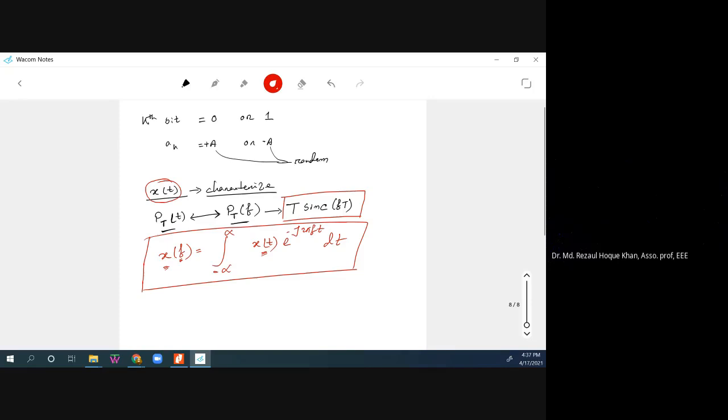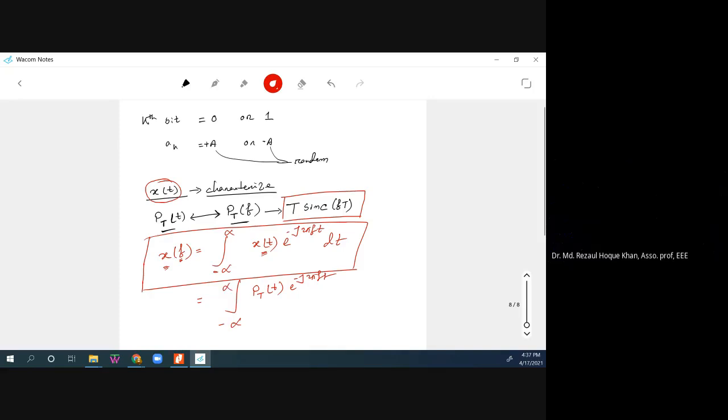In our case, what is this x(t)? x(t) is nothing but the signal p(t) actually, right? So our signal will be integrated with e to the minus j 2 pi f t over minus infinity to plus infinity.